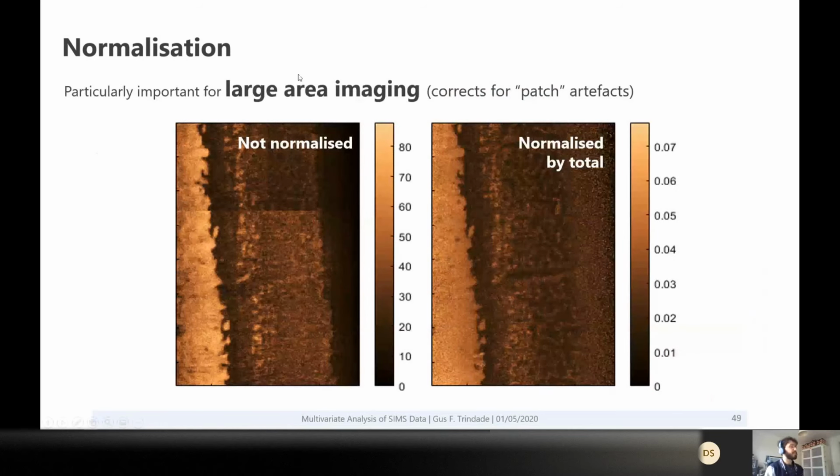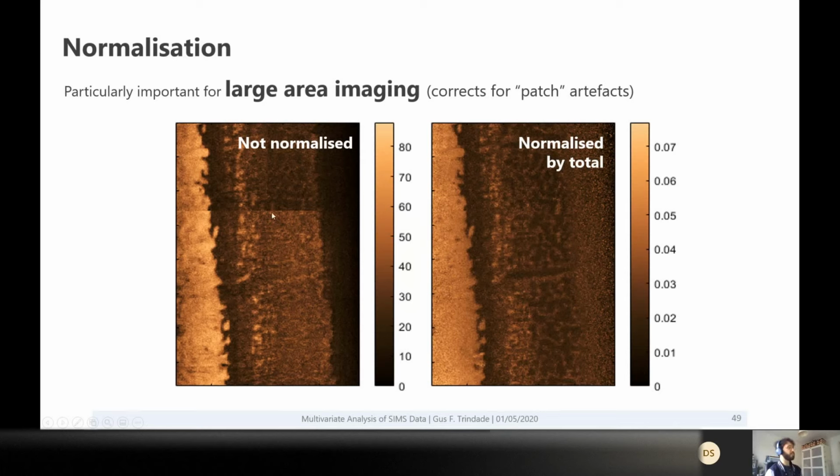Also normalization: I know many of you are dealing with large area imaging with the stage raster. When you do this sort of thing, it's quite likely that you're going to get differences because there's a tilt in the sample or things change because it's a long acquisition. So it's quite important to normalize when you're dealing with large area imaging. It corrects for what we call this patch artifact. Here you can clearly see the patches.